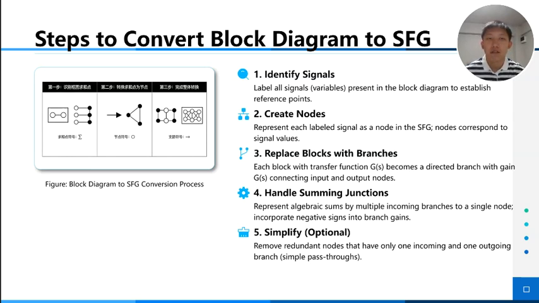Fourth, convert summing junctions into nodes with multiple incoming branches, remembering to include negative signs in the branch gains for subtractions. Finally, simplify the graph by removing redundant nodes if needed.